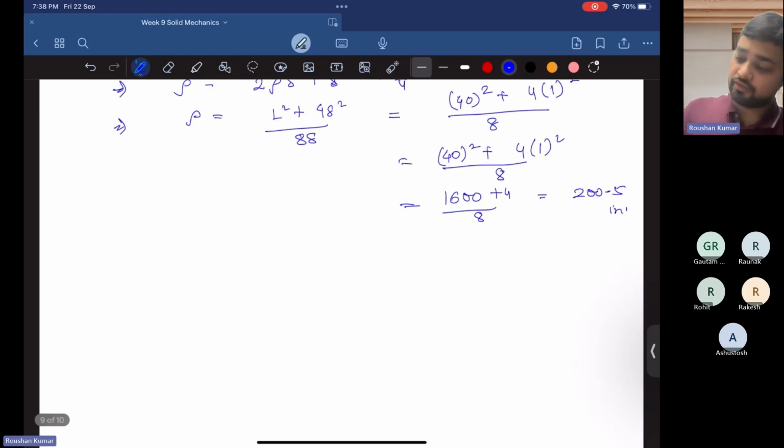Okay. So from here we calculate the value of rho, that is 200.5 inch.